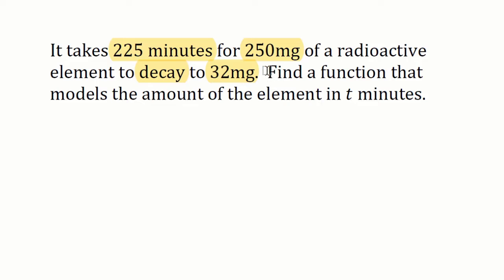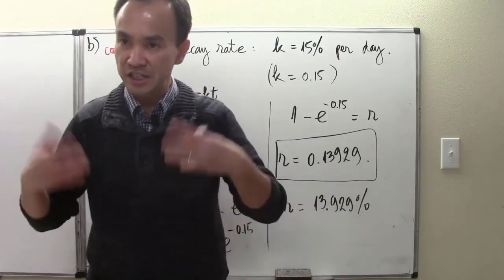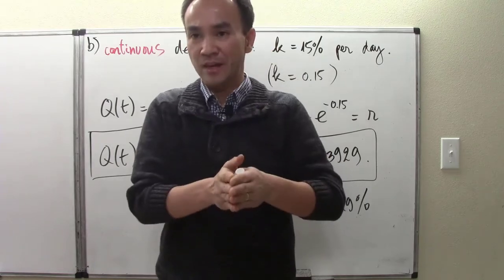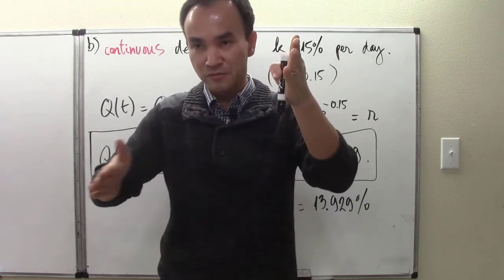And then as the goal of the problem, what we are asked to do: find a function that models the amount of the element in t minutes. Now, as the wording was stating clearly, this problem is a decay process. It's a radioactive element, and so it's losing on its own over time.